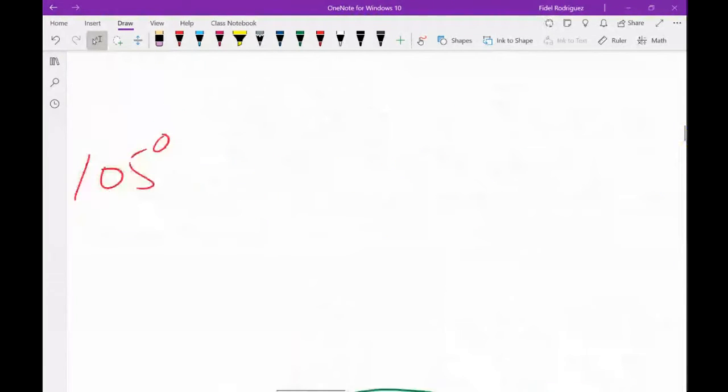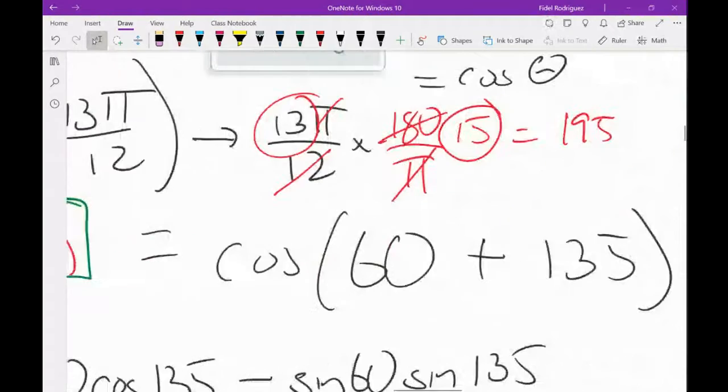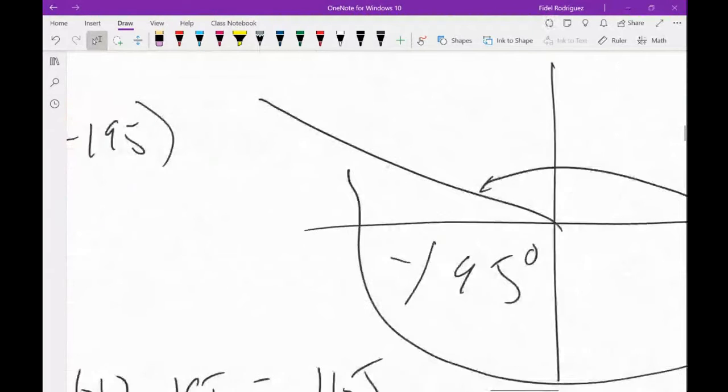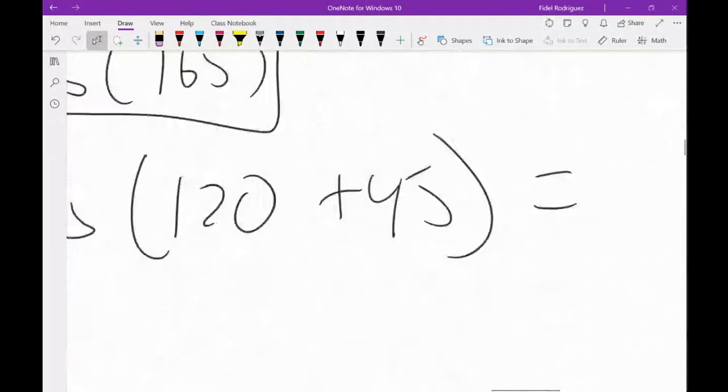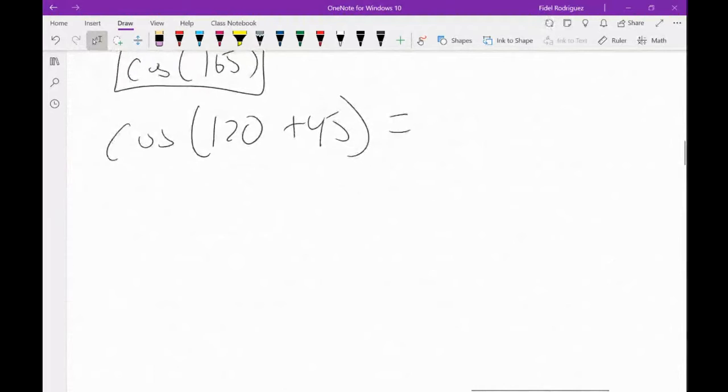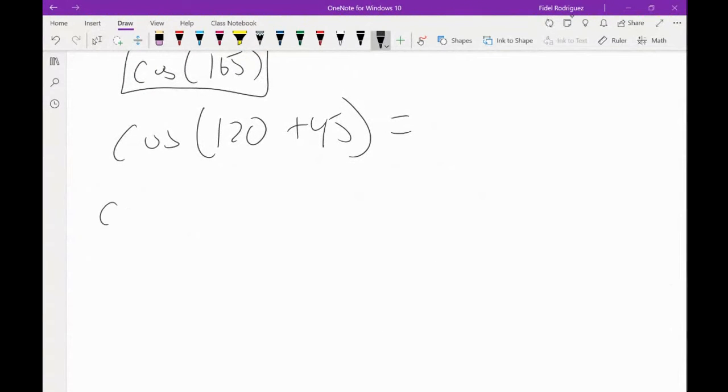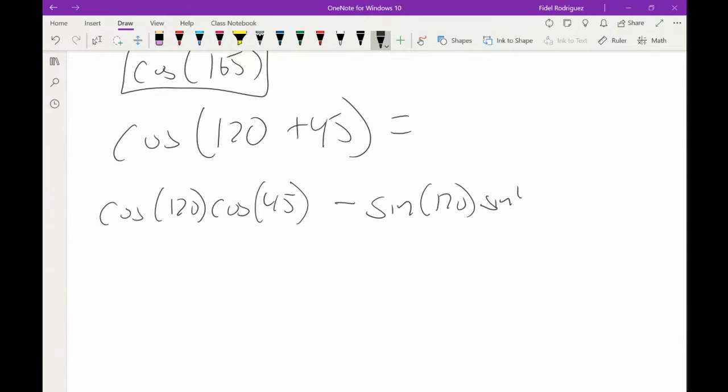Okay. So let's come back again. Over here. So we would say cosine of 120, cosine of 45, minus sine of 120, sine of 45, okay? Let me see if I can pull that up real quick.